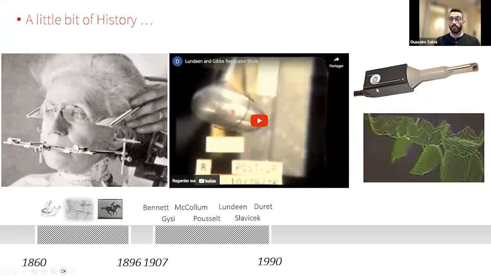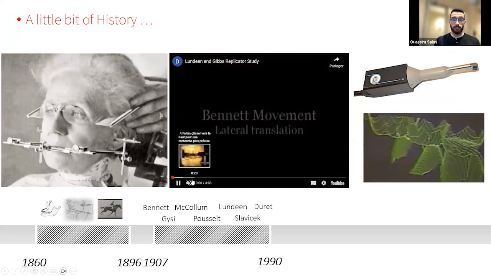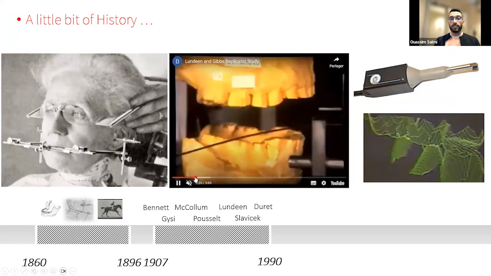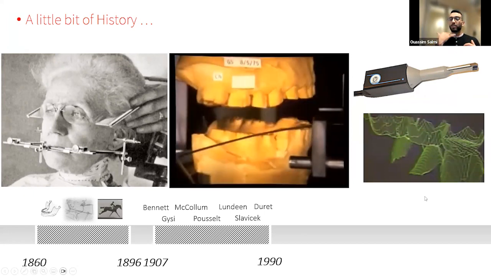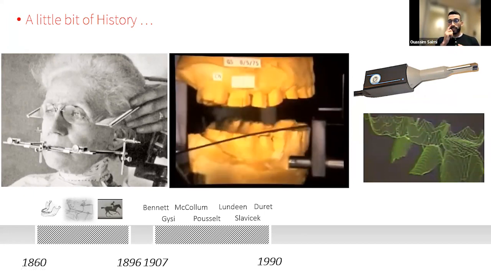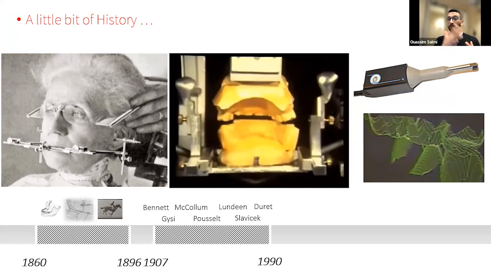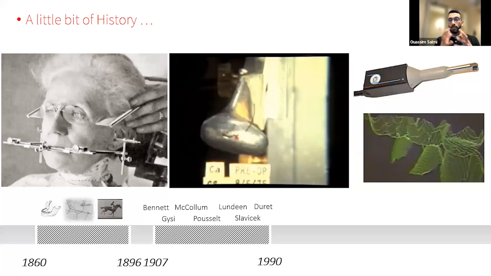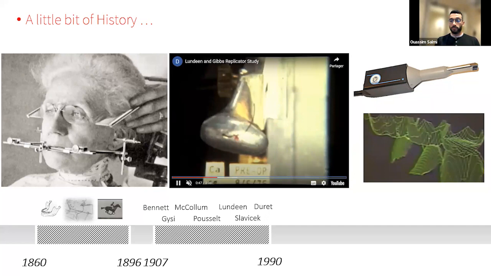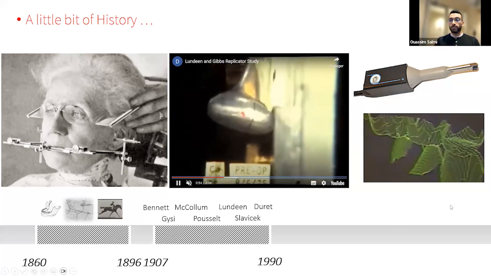But what I like here is this video that you can find on YouTube. This is the replicator, the first time that we try to record some motion, this is jaw motion. This is Landin and Gibbs trying to record, but it was clinically not applicable because all those things can be recorded, but then how can you use them in real life? So then I will move on.